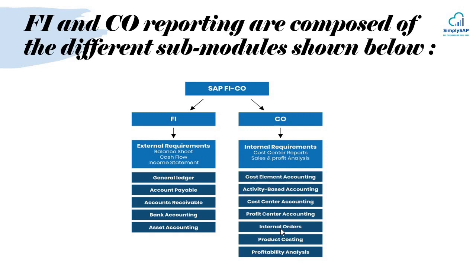Now we have the third submodule, which is again very important: profit center accounting. Profit center accounting lets you determine profits and losses by profit center using either period accounting or the cost of sales approach. It also lets you analyze fixed capital, using statistical key figures.